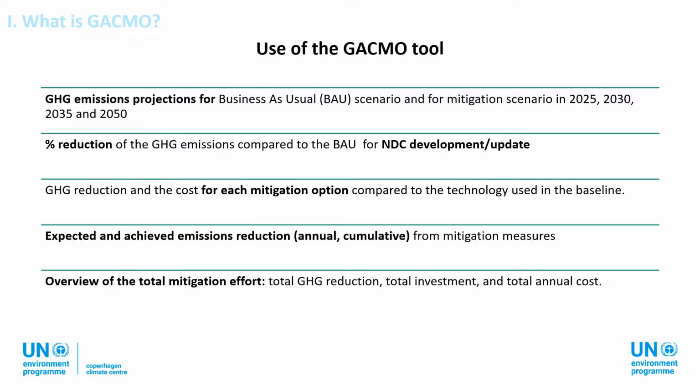It also provides an estimate of GHG reduction and cost for each mitigation option compared to the technology used in the baseline. It estimates expected and achieved emission reduction from each individual mitigation measure. It also provides an overview of total mitigation effort, total GHG reduction, total investment, and total annual cost.